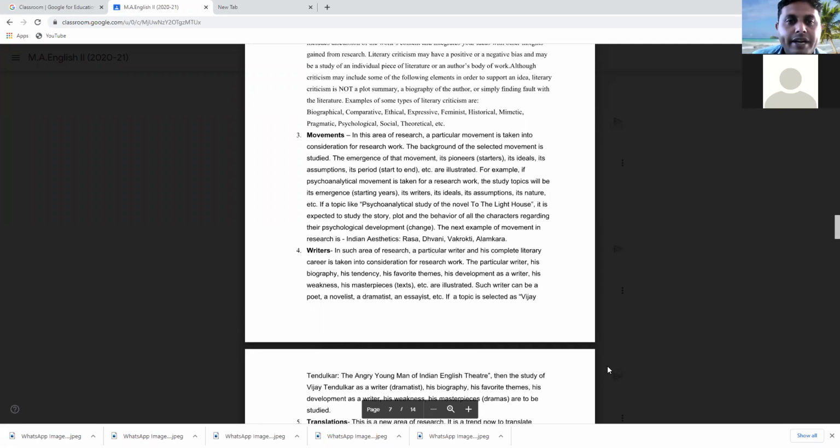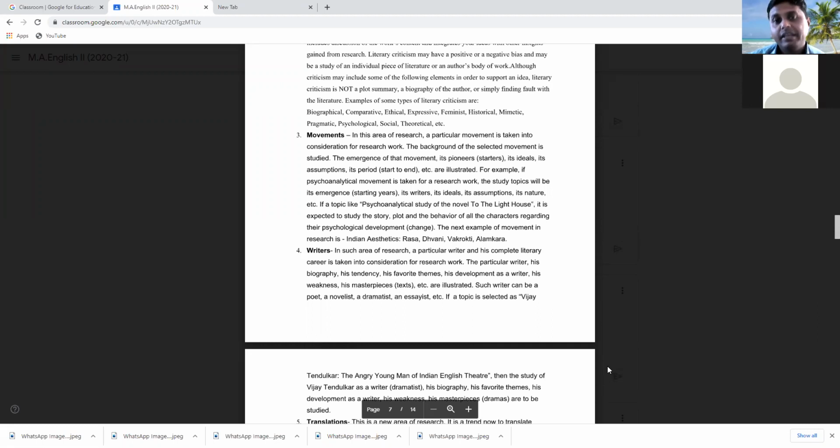For example, Dalit movement, right? If I study Uchla, a novel in Marathi literature, or if I select Jhutan, a novel in Hindi, and I limit my study up to Jhutan only, then it will be textual analysis.